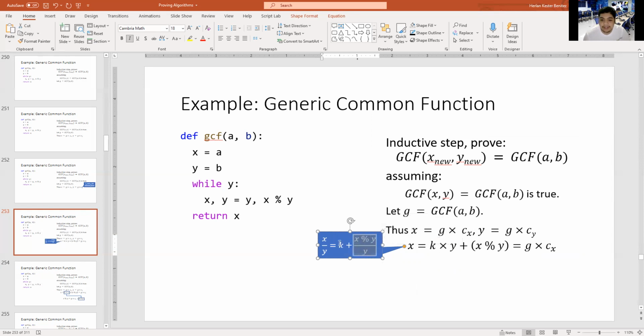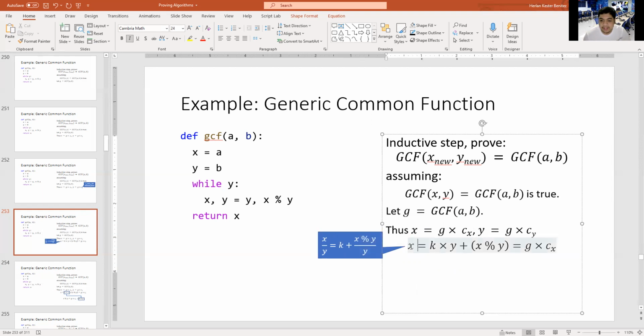So if i-multiply ko ng y both sides, makukuha ko na x is equal to some whole number times y plus x modulo y. So pwede rin naman na case na k will be 0. So x will just be x modulo y. So ayan. So clear naman siguro paano nakuha itong equation na to.